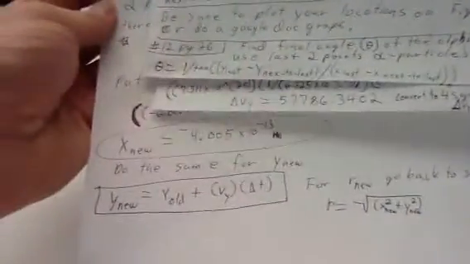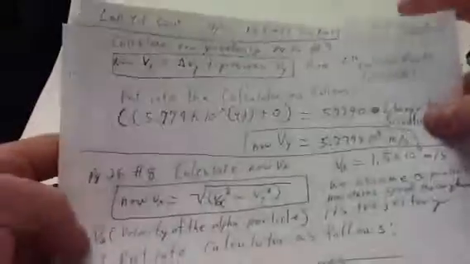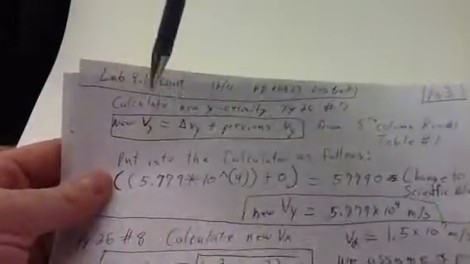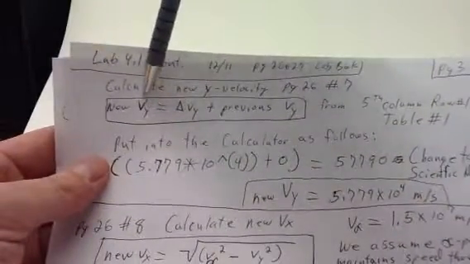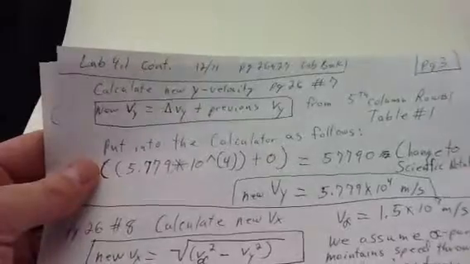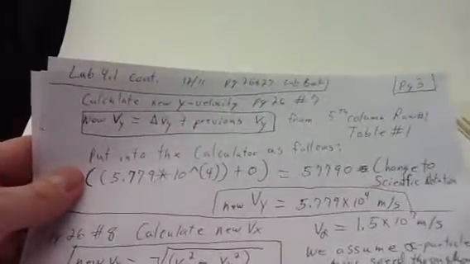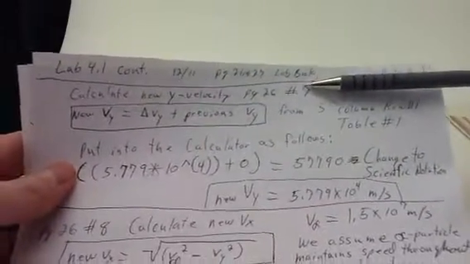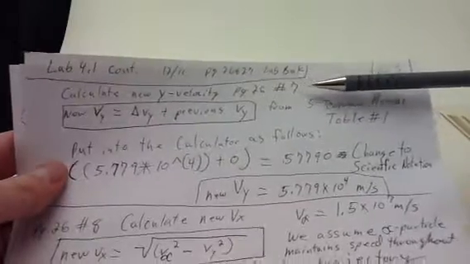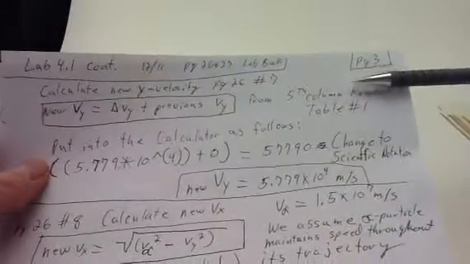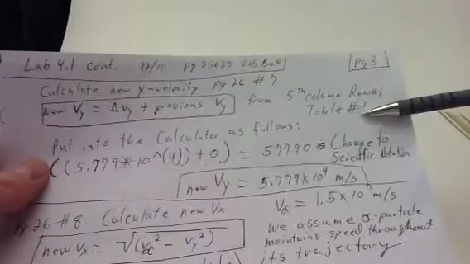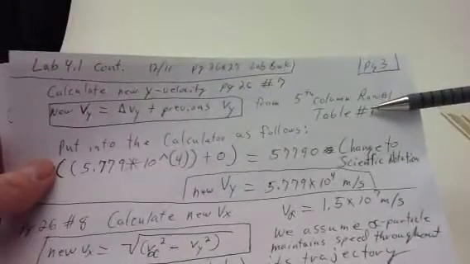Okay, that's x. Now we're switching to figuring out the new velocity of y, which would be page 26, number 7. And that's from column number 5, row number 1, table number 1.